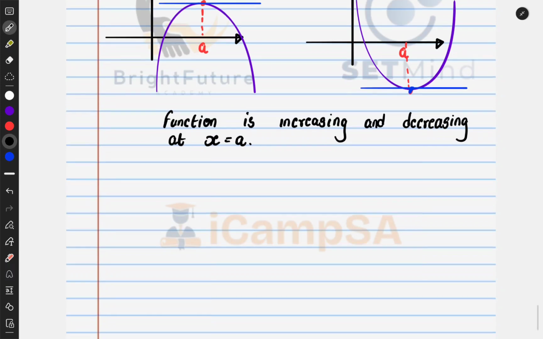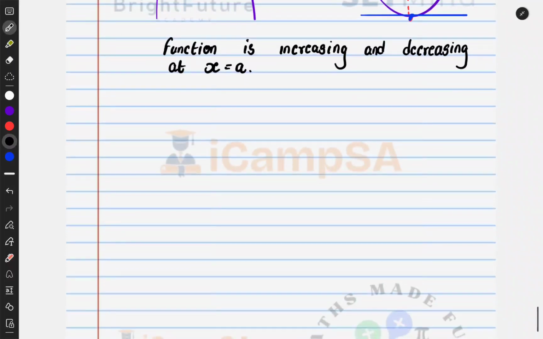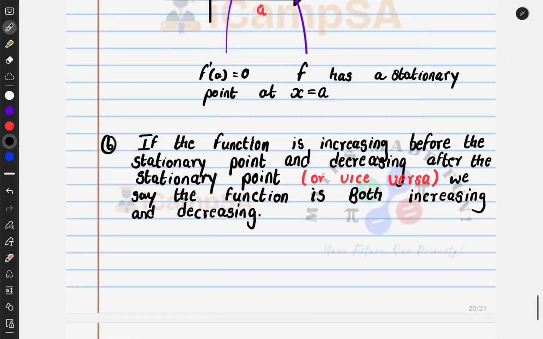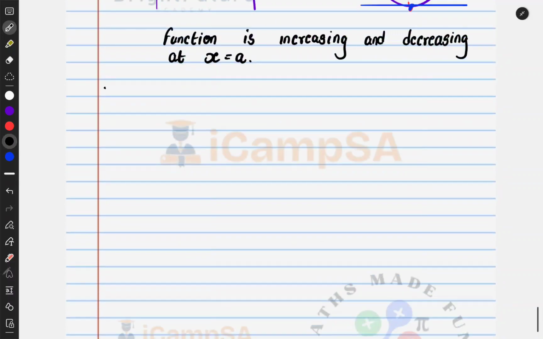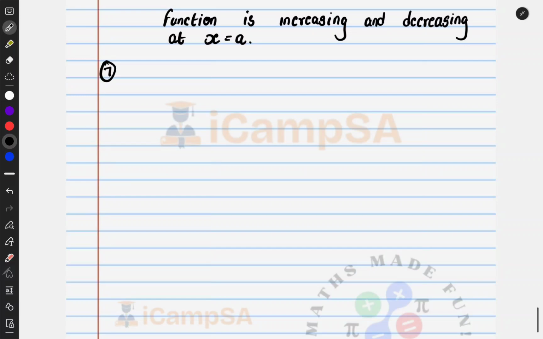And then let's go to cubic functions, just a little bit of interpretation of cubic functions. Let's say, okay, this would be number 7, and how we'll interpret the cubic function. In the cubic function, you also have a stationary point, but here there is something a little bit different.